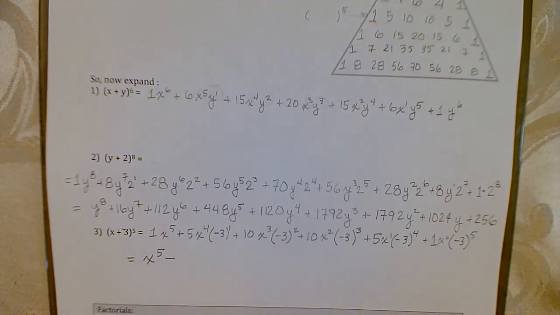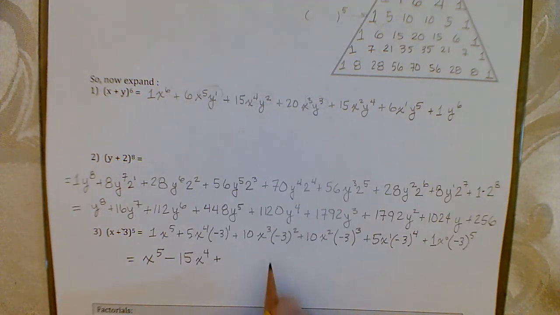So I know this is going to be negative, and 5 times 3 is 15 x to the 4th. Okay? The next one I know is going to be positive, and indeed these are going to alternate because this negative is being raised to an odd power, then an even power, then an odd power, then an even power. So the signs of my terms will alternate between positive and negative.